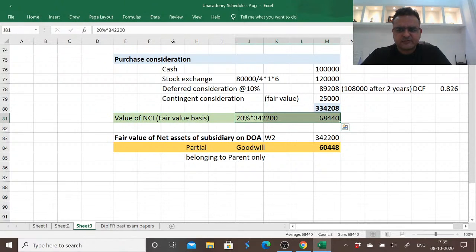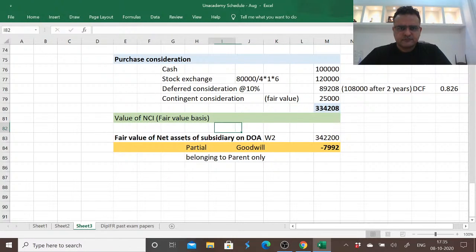This is going to change. Fair value of net assets of subsidiary on date of acquisition. This fair value basis will change.